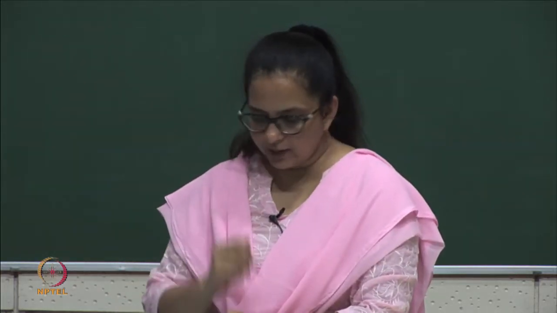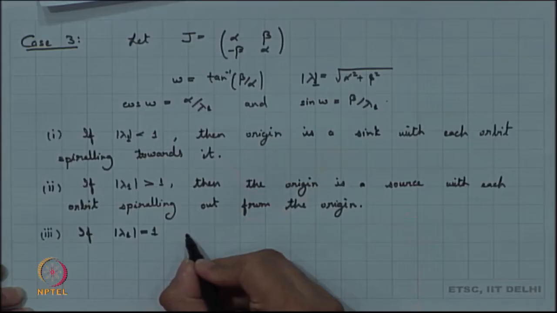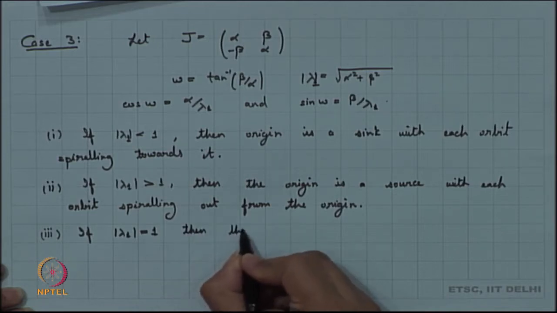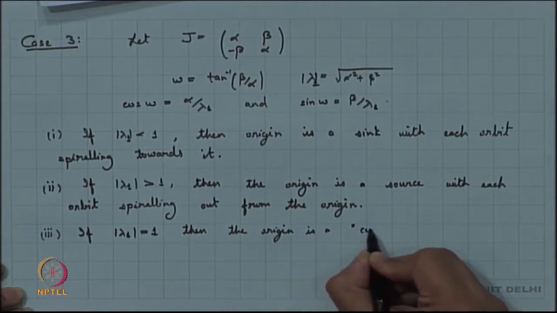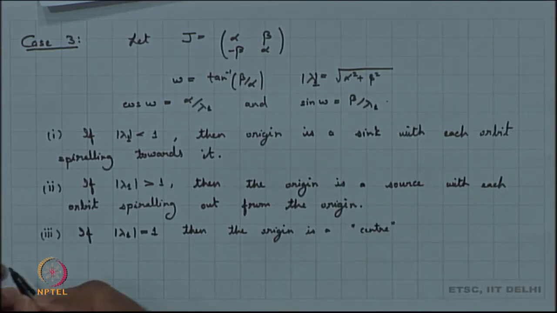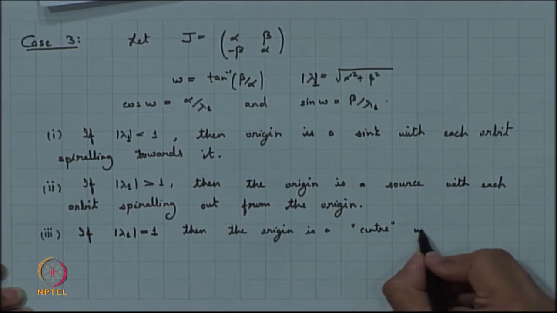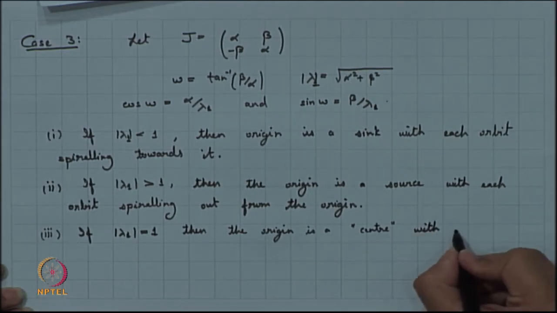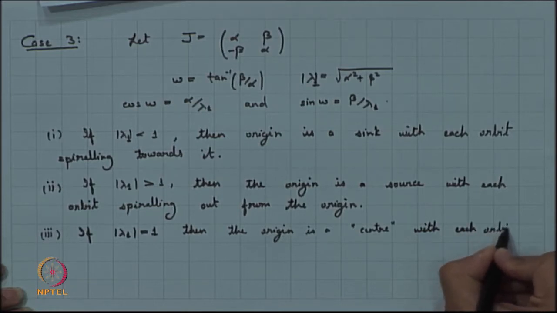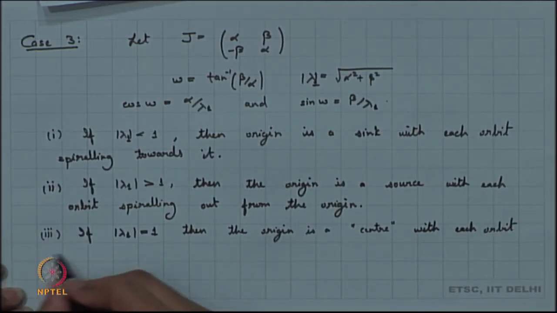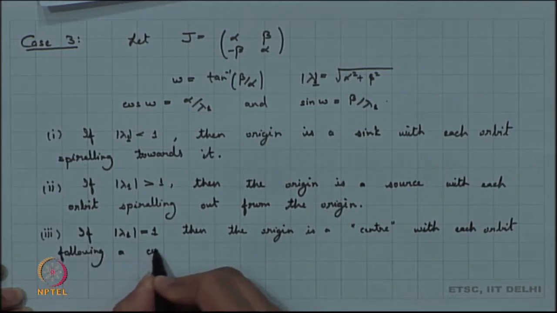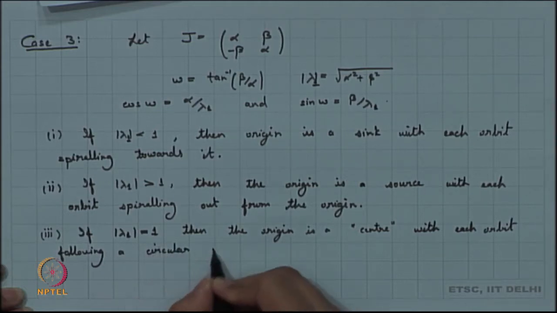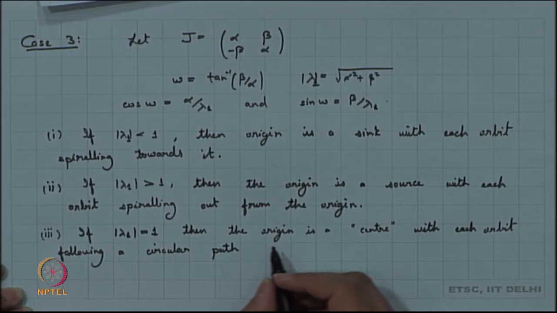So, if mod lambda 1 is equal to 1, then the origin is a stable center, I would call it a center, with each orbit following a circular path around it.